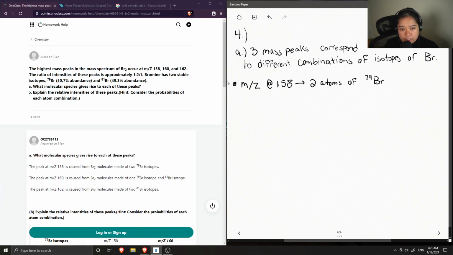So 79 times 2 is 158. Similarly, we can do the same thing for the second peak at 160. This can be a combination of 1 atom of the bromine 79 and 1 atom of the bromine 81.